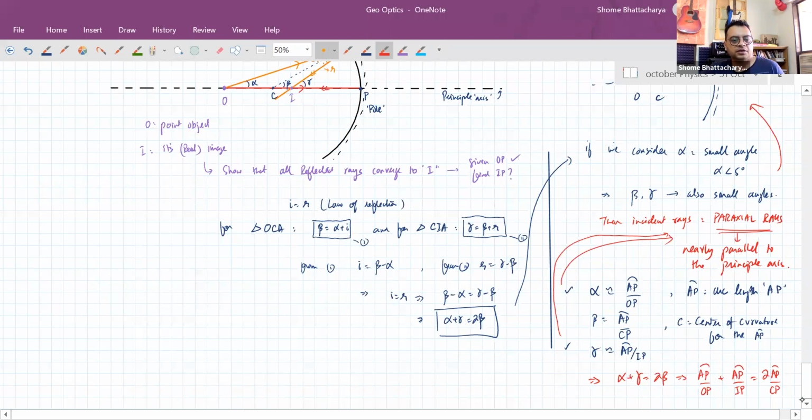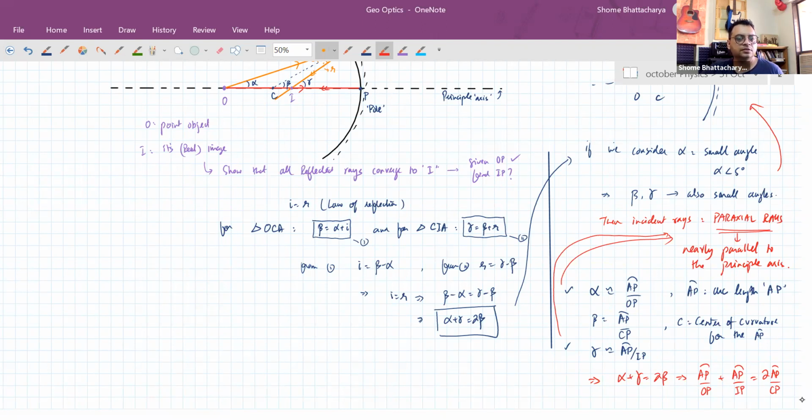And what this shows you is that as long as alpha is a small angle, that means we are considering paraxial rays, this relationship is independent of the value of alpha. Whether alpha is 2.5 degrees or 1 degree or 0.5 degrees, all paraxial rays after reflection are going to converge to the same point I. Because paraxial rays form the majority of the incident rays here, we are going to get an actual image.